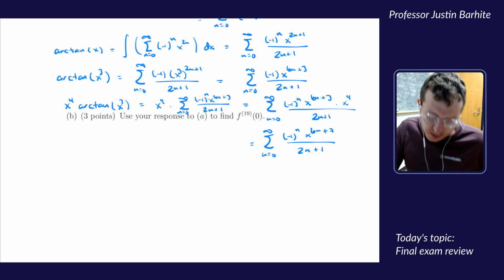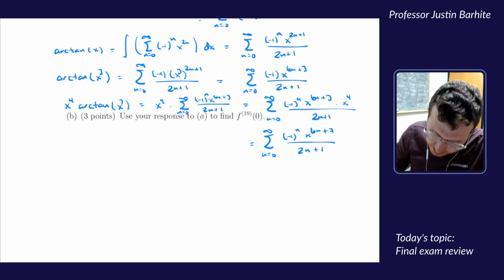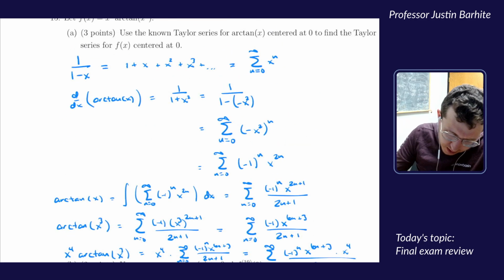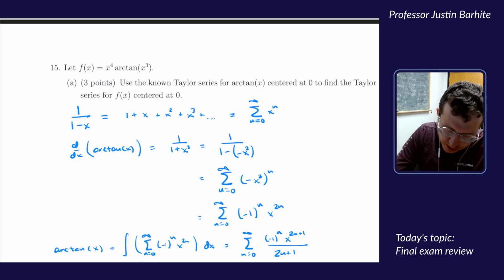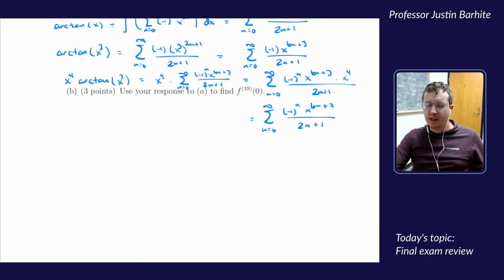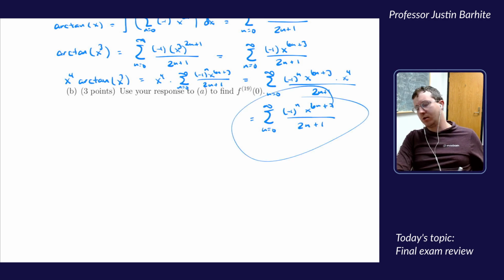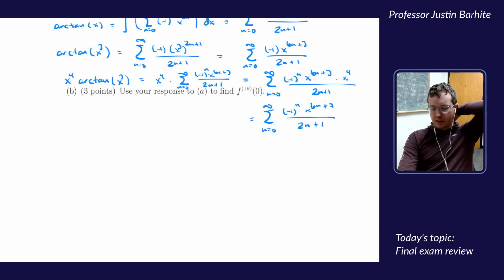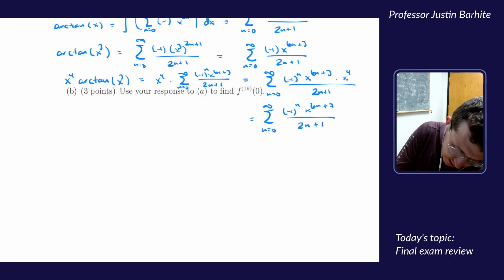Okay, so now I'm trying to find the 19th derivative of my function, x to the 4th arctangent of x cubed, evaluated at 0. And I can do that because I know that in the power series, maybe I'll call it T of x, it's f of 0 plus f prime of 0 times x plus, and so on.